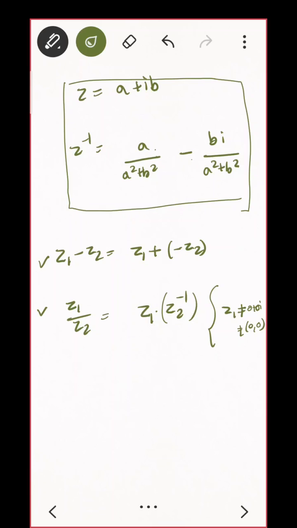Okay, now let us do some questions, some basic questions. Show that real part of iz is same as minus of imaginary part of z.